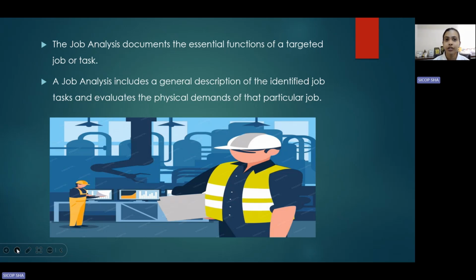The reason that we are documenting the physical demands of the job is because we want to prevent work related musculoskeletal disorders, which may occur when there is a mismatch between the worker's job demands and the physical capacity of that individual worker.